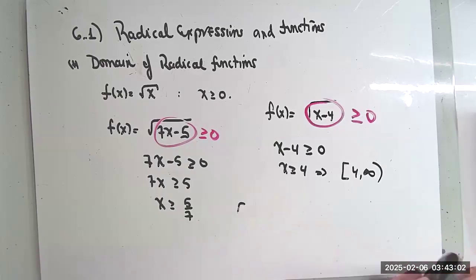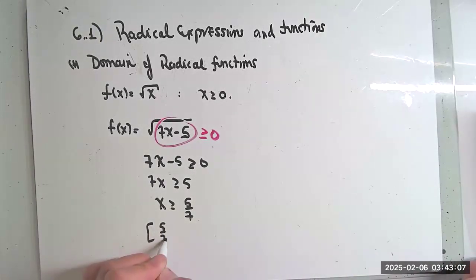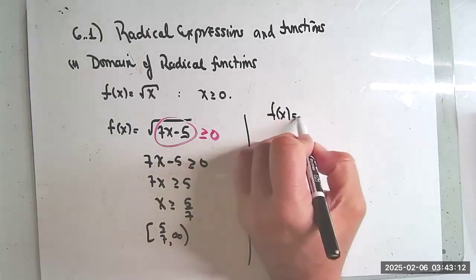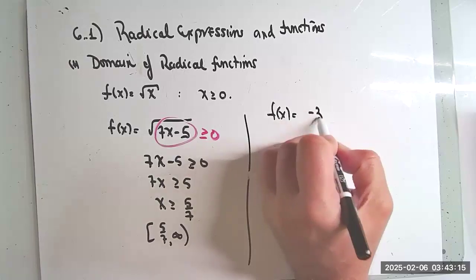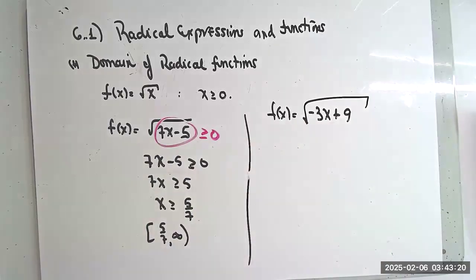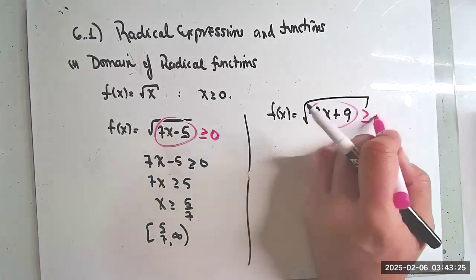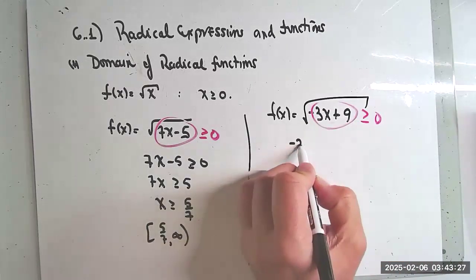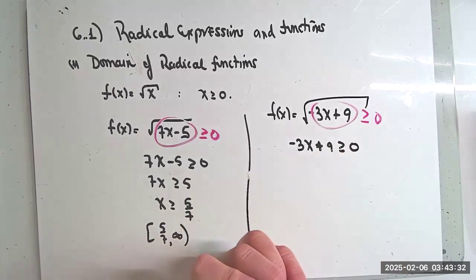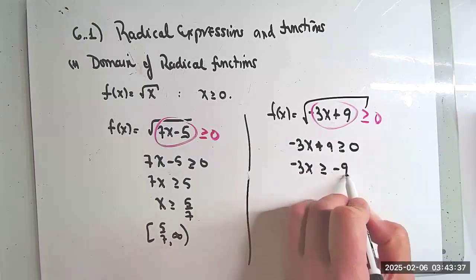What if my function is f of x equals the square root of negative 3x plus 9? Then same old, my radicand must be greater than or equal to 0. Thus, negative 3x plus 9 must be greater than or equal to 0. We subtract 9: negative 3x greater than or equal to negative 9.